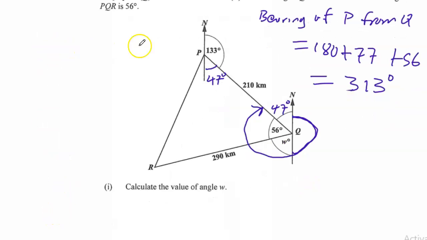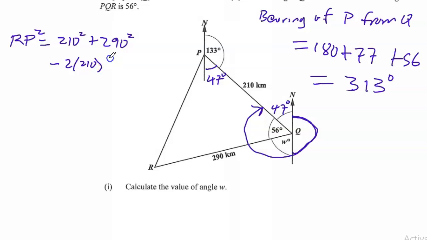Next, we are asked to find the distance RP, and of course we can use the cosine rule for this. So the cosine rule, RP squared is equal to the other two sides squared, which will be 210 squared plus 290 squared, minus 2 times the product of 210 and 290 cos the angle formed by the 210 and 290 kilometers, which would be 56.